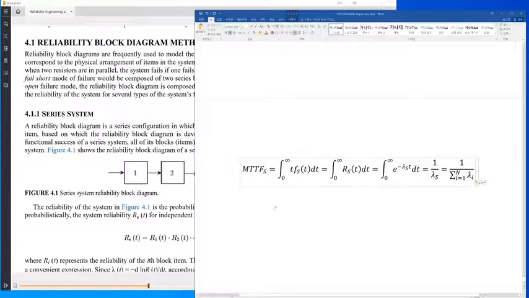So we are going to move on to section 4.12 about parallel system.